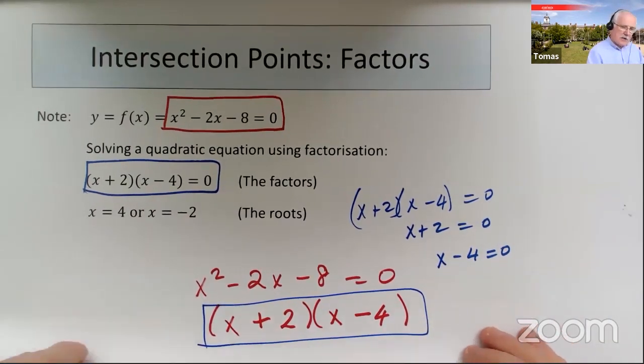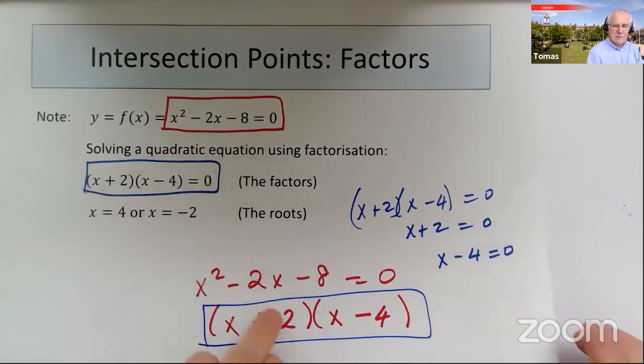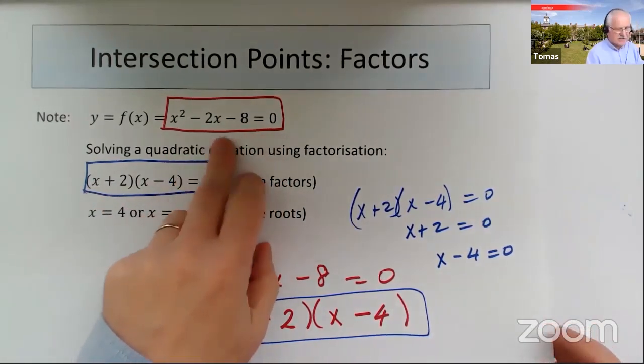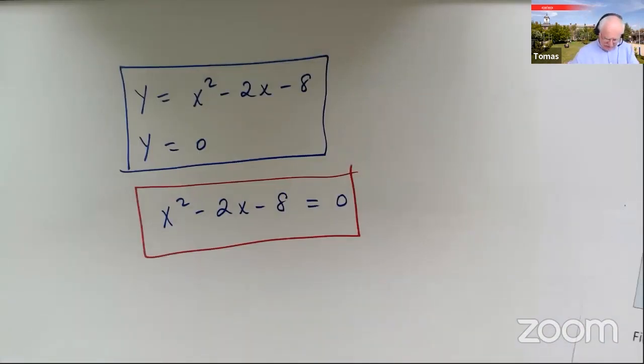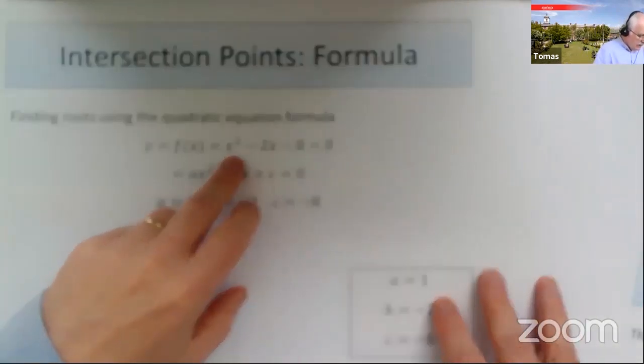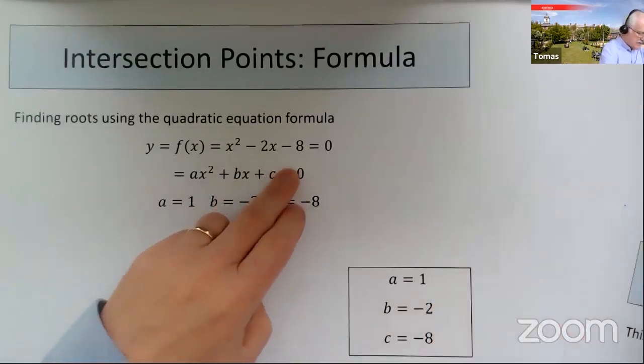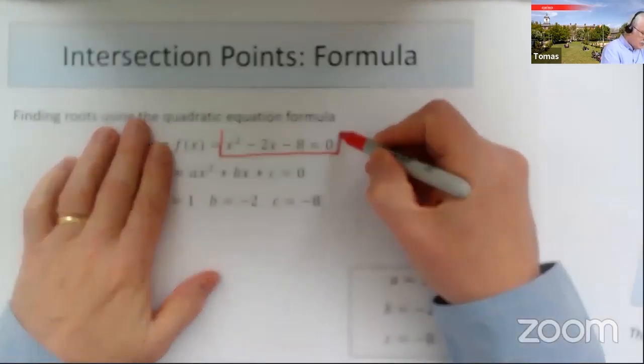But not everybody will remember that. Not everybody will be able to do it like that. So let's see how else we can solve this question. So you're now faced with solving x squared minus 2x minus 8 is 0.